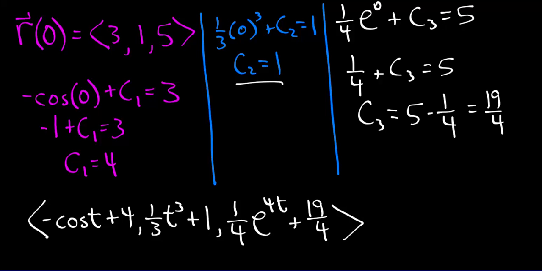Now you could also have definite integrals. So you could have an integral like this. Let's suppose we're going to go from 0 to 1, just for simplicity here. And we have 2t i plus t squared j.